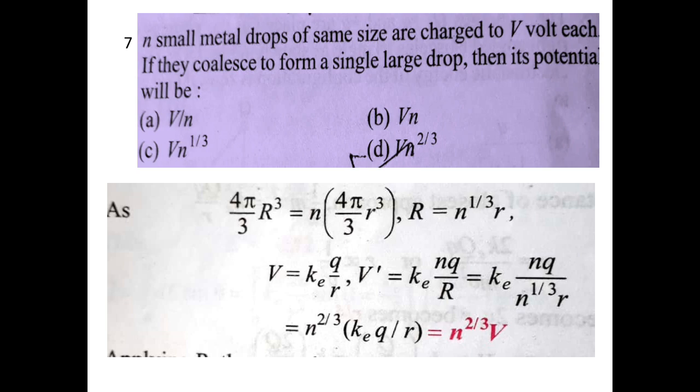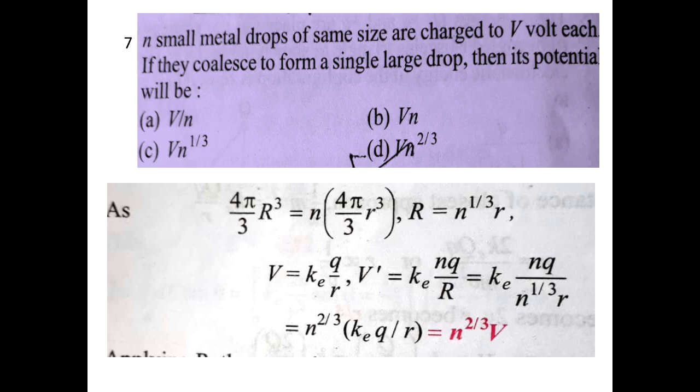In question number 7, n small metal drops of same size are charged to V volt each. If they coalesce to form a single large drop, then its potential will be. Now you have to select the correct option. So when all the small drops combine together to form a bigger drop, then volume remains the same.